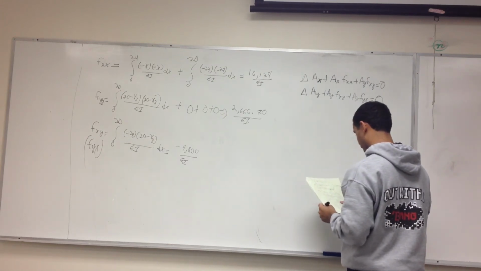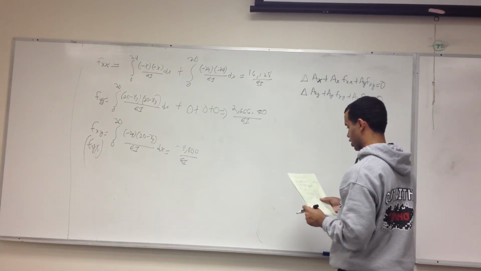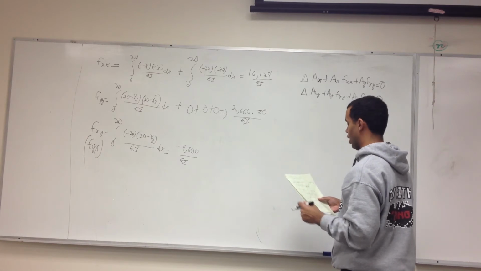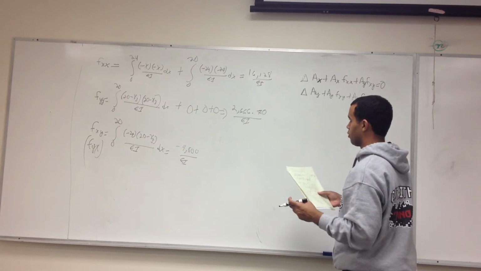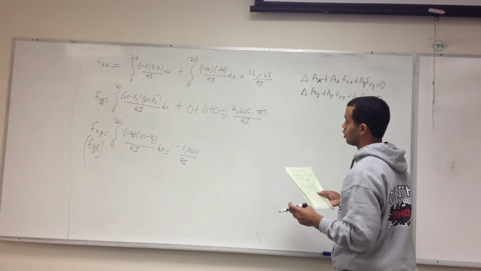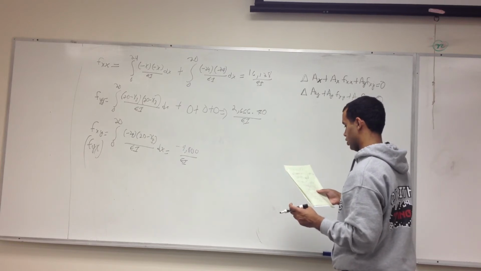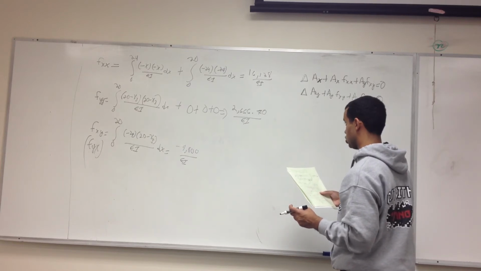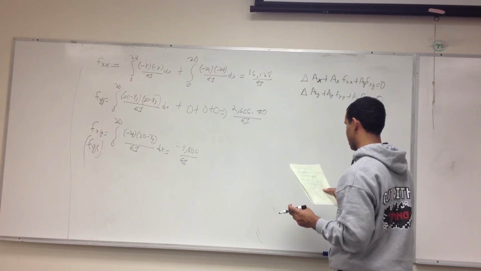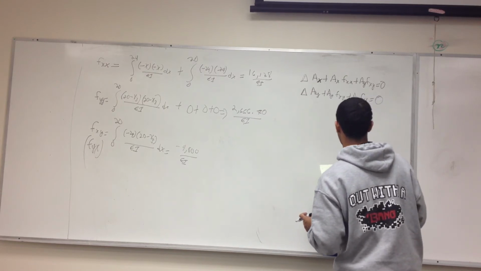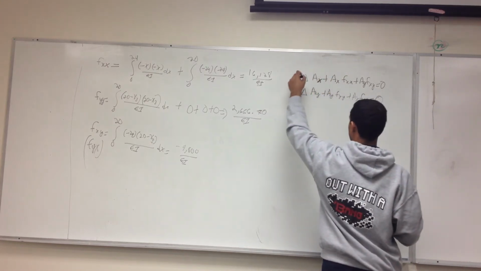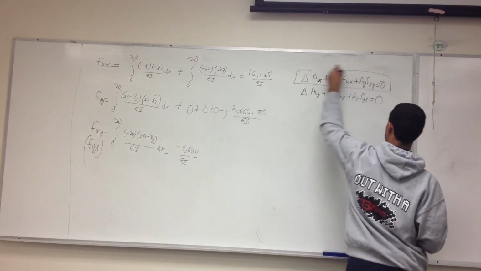So we write it down. Our expression for the answer that we obtained for the delta AX, which was negative 78,133.33 over EI. We plug it into this first equation.